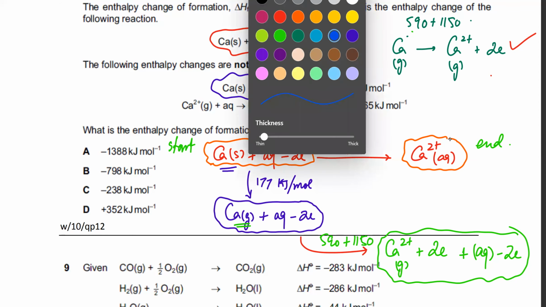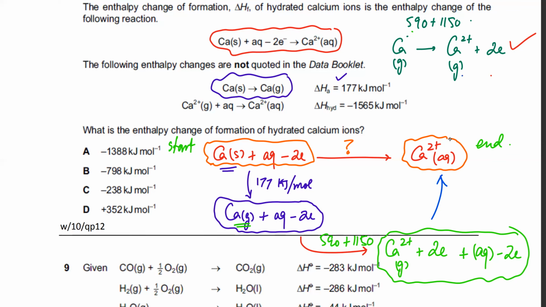The last step is I need to go from this point to this point. If I look at this last step, calcium 2 plus gas plus aqueous, the two electrons would eventually get cancelled out. You've got plus 2 electrons and minus 2 electrons. So it's this equation: calcium 2 plus gas reacting with aqueous and turning into calcium 2 plus aqueous. This value is minus 1565. So I've figured out this completely other path.